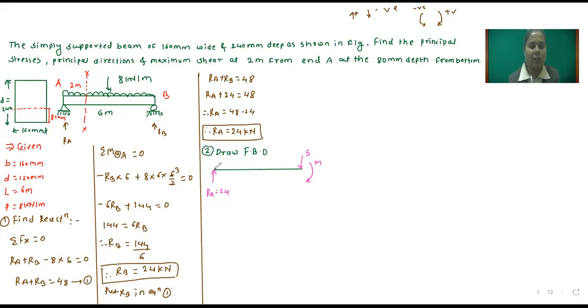Here the uniformly distributed load is applied with an intensity of 8 kilonewton per meter, and our distance is 2 meters. Now we have to find the stress at which point? At 2 meters. Whenever we cut this beam, at that time one shear force and bending moment will be there. So now we will find the shear force and bending moment.